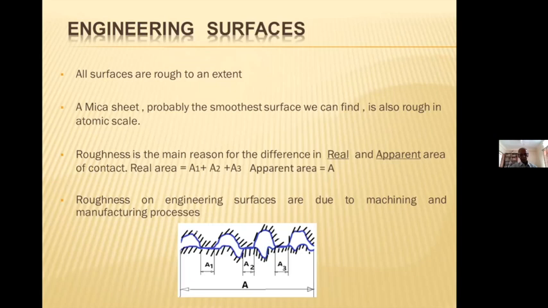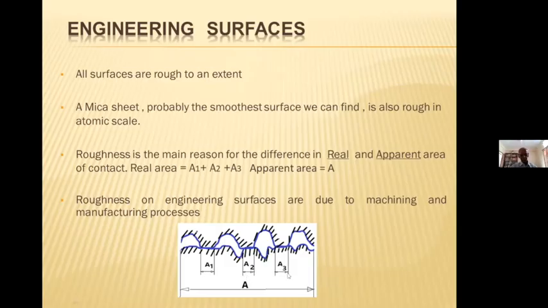Look at this picture at the bottom of this page. You will see that the two surfaces are in contact, and as the surfaces are pressed together, there will be areas of contact. So here in this picture, we have got three areas of contact, A1, A2, and A3.